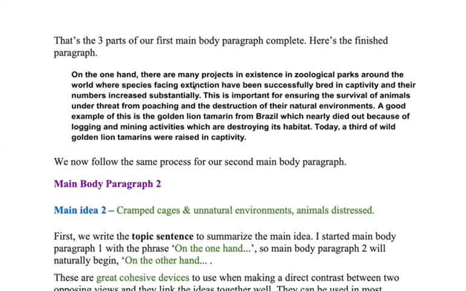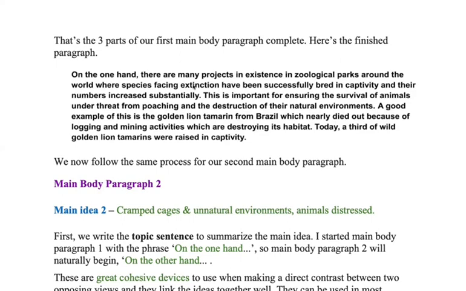This is the topic sentence. This is important for ensuring the survival of animals under the threat from poaching. Okay, we are talking about the illegal hunting and the destruction, that is, to destroy their natural environments.